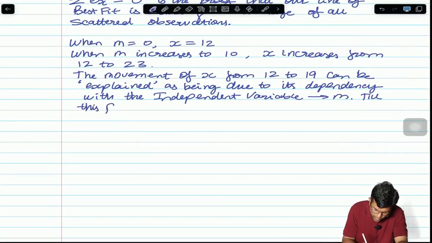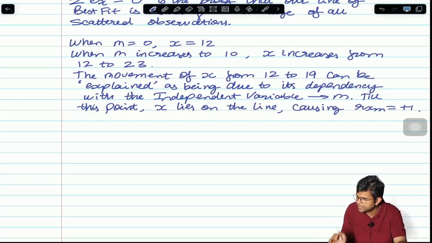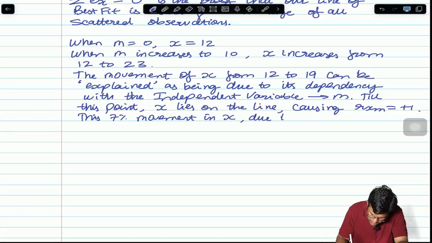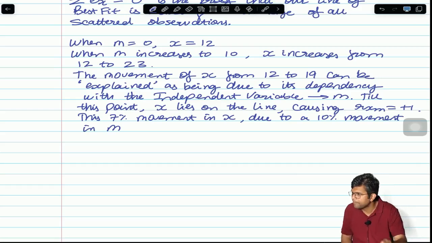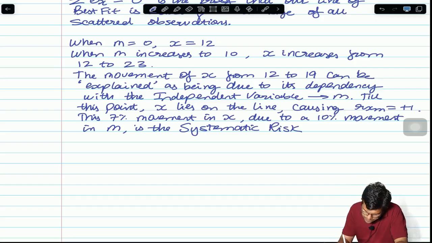This 7% movement in X due to a 10% movement in M is the systematic risk of security X. Is it making sense?